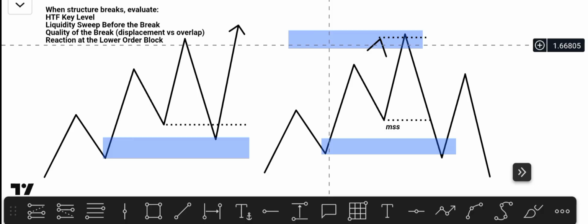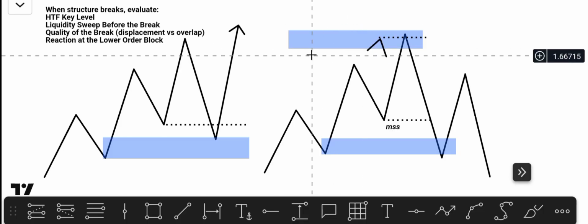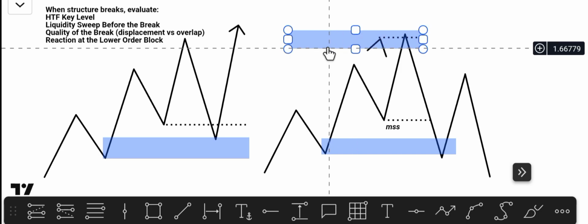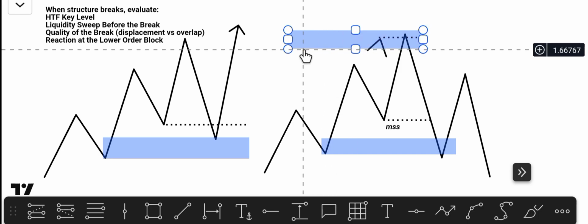So these are the two scenarios for a change of character or a market structure shift. One, when price trades to a higher time frame key level. Two, when price is at an all-time high. So in this case, this price trade to a key level might be the catalyst to the reversal.